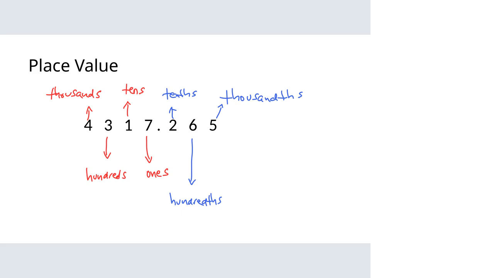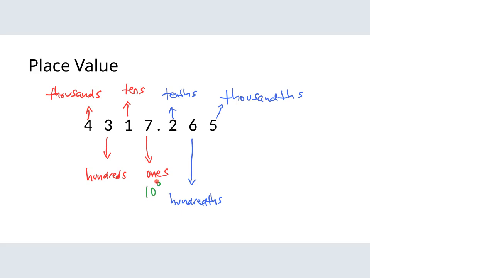One thing I do want to point out about this is when we talked about our base 10 system a while ago, I just want to emphasize how base 10 works here. The ones place, anything raised to the 0 power is 1, so that's 10 to the 0 power.